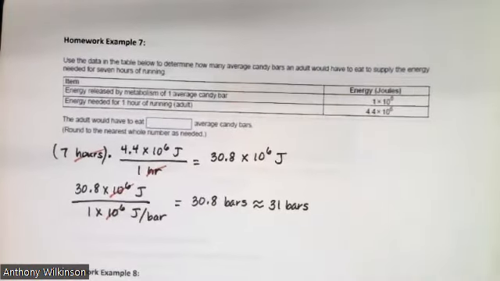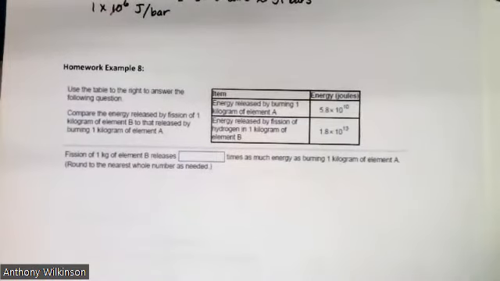All right, example 8. Here we're going to use the table to the right to answer the following question. Compare the energy released by fission of 1 kilogram of element B to that released by burning 1 kilogram of element A. And they tell you the energy released by burning 1 kilogram of element A will be 5.8 times 10 to the 8th.